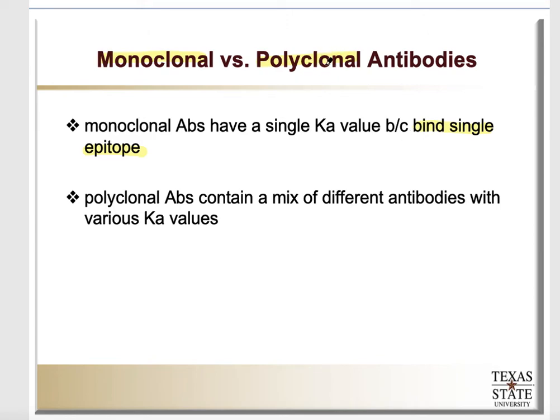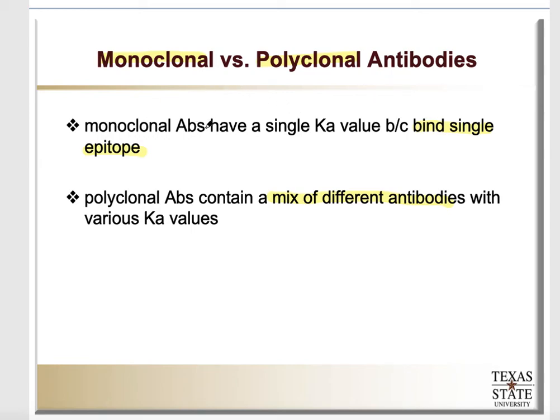A polyclonal antibody is actually going to be a mixture of different antibodies, and because of that, it is going to be able to bind different epitopes of the same pathogen. So let's say that I'm trying to develop a biosensor for the COVID-19 virus.